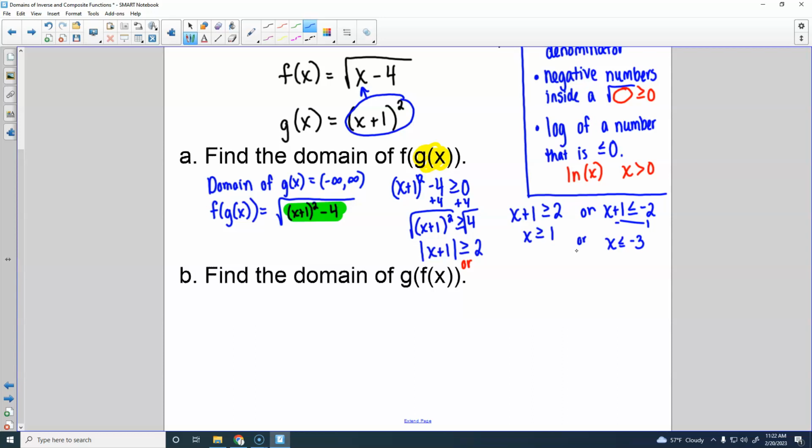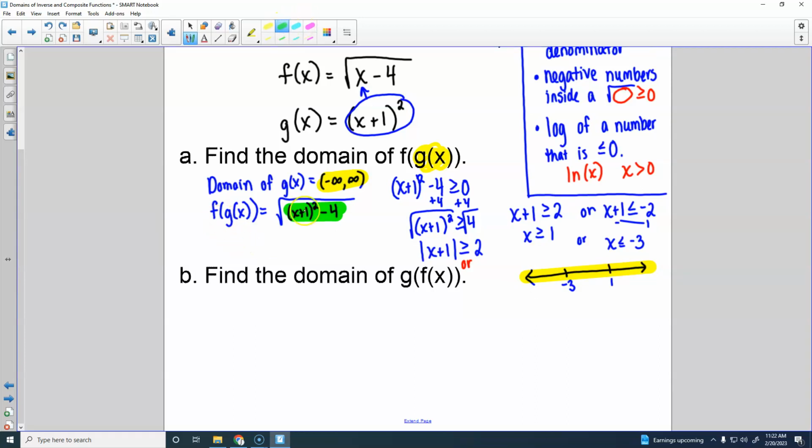So for this problem, your domain, if I think of a number line here, you first consider your domain of g, which was negative infinity to positive infinity. That's the whole entire number line, right?